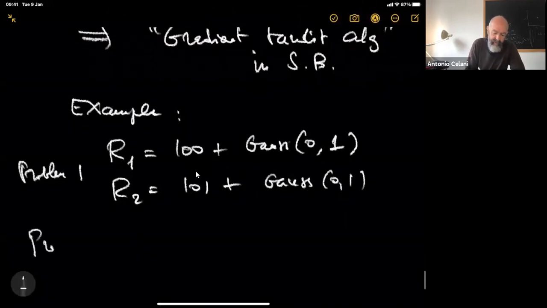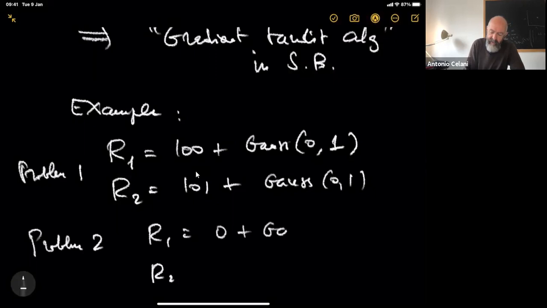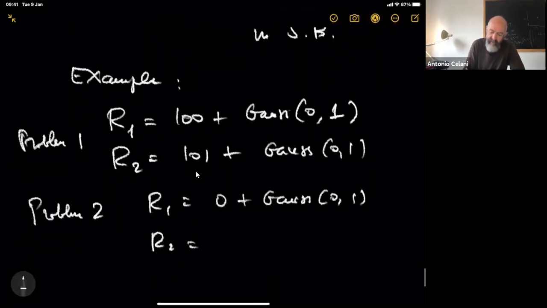And problem 2: your rewards are 0 plus a Gaussian of the same 0 mean and variance, and 1 plus a Gaussian.